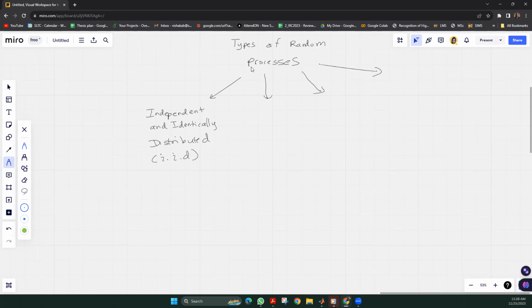So we will learn the definition of these random processes. Before that, we have to define the behavior of independent random processes. So independent random processes come first. Then secondly, independent and identically distributed random processes come second. Thirdly, we will discuss uncorrelated random processes.